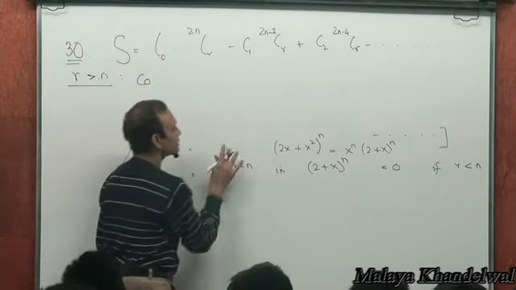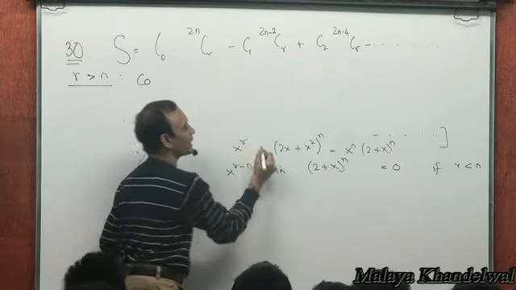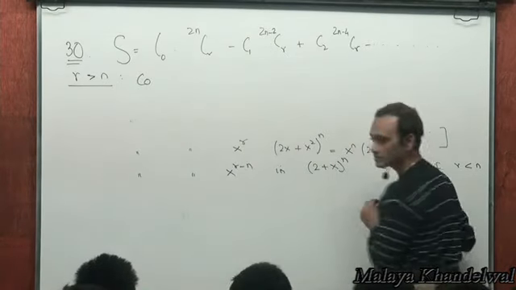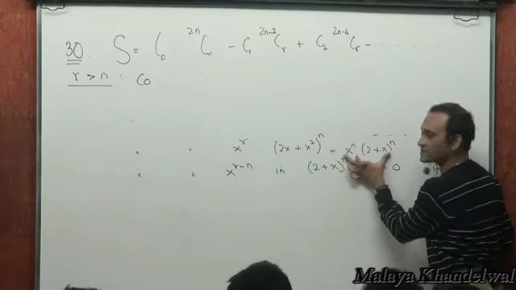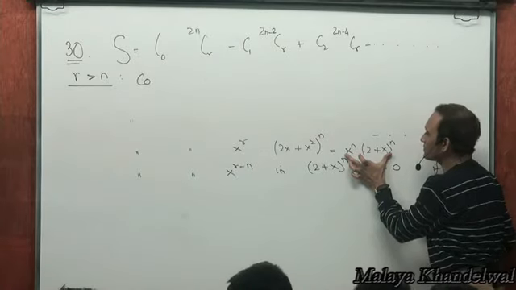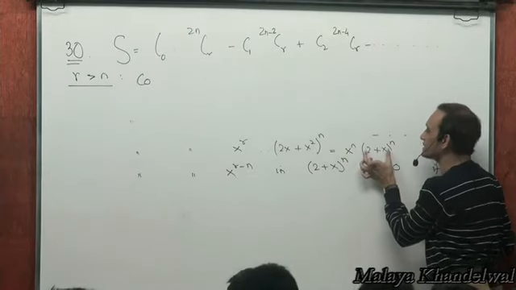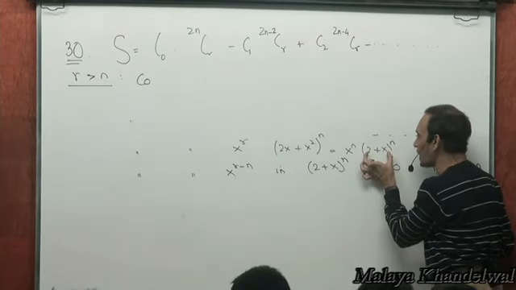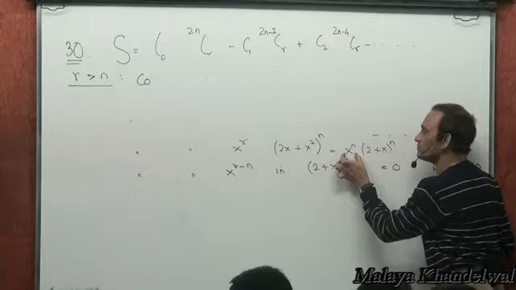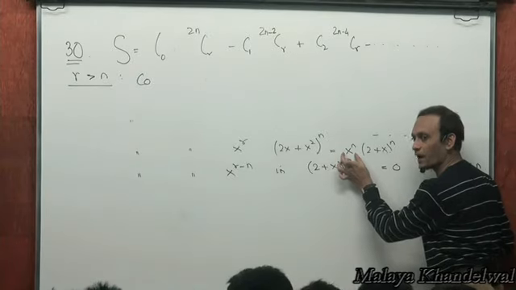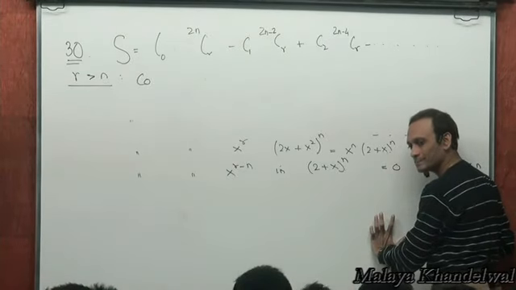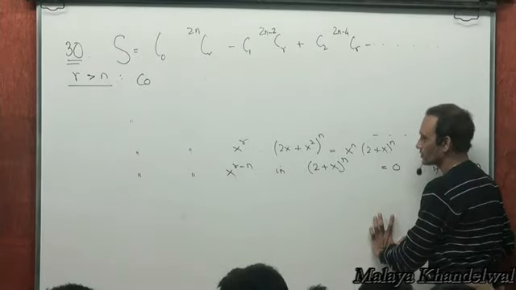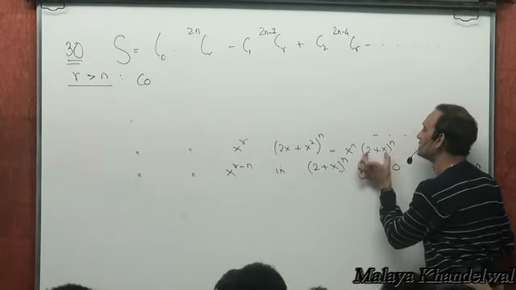See, in the whole thing, I was seeking the coefficient of x^r in this. But seeking x^r in the whole thing is like seeking x^(r-n) here, because if x^(r-n) appears here, that when multiplied with x^n will give me x^r, isn't it? Confused? So instead of dealing with the whole thing, I deal with this.